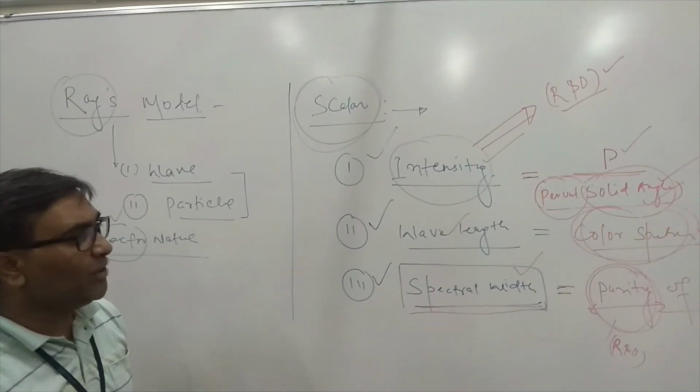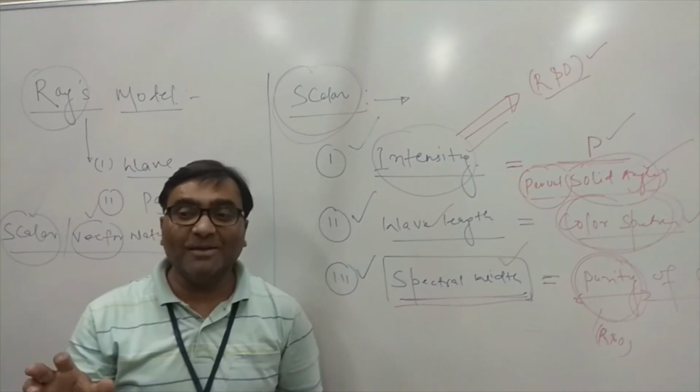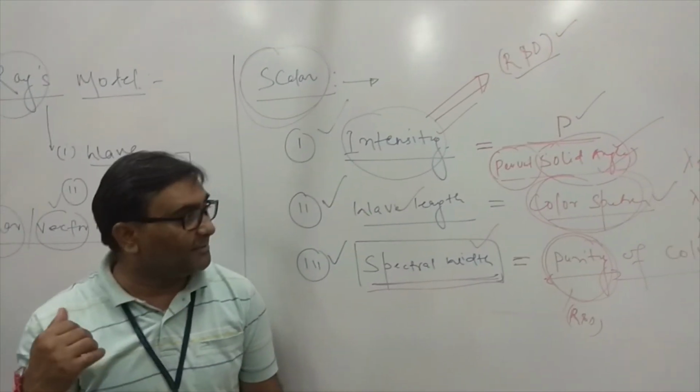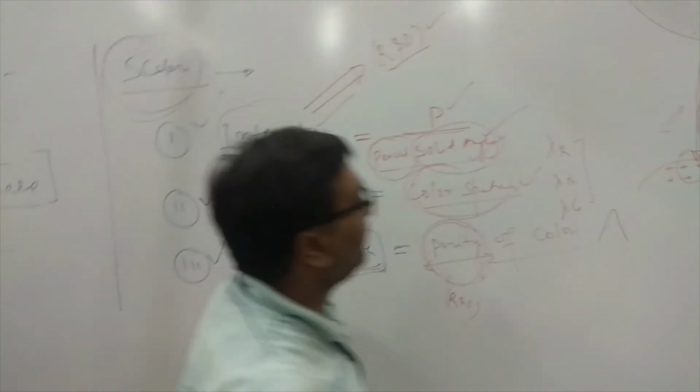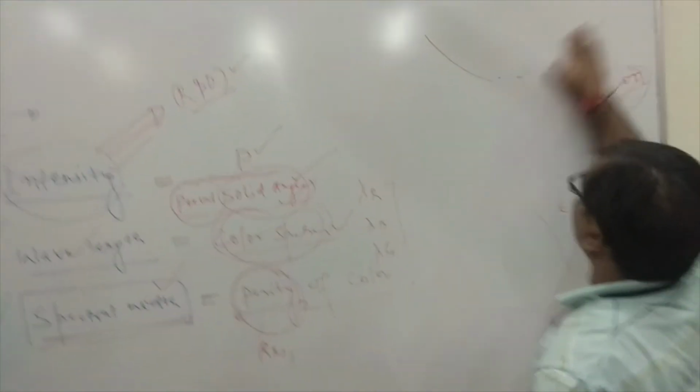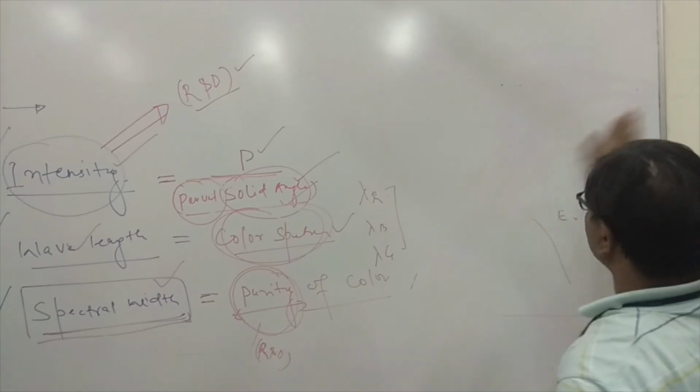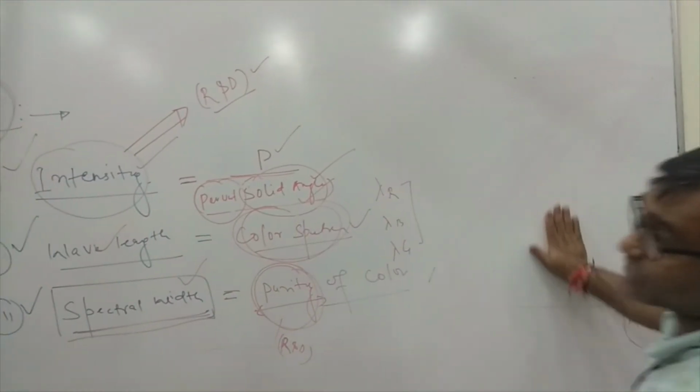We already know vector quantities depend on magnitude and direction. Can anyone tell me the main factor for the vector definition? Vector relates to the rays model.